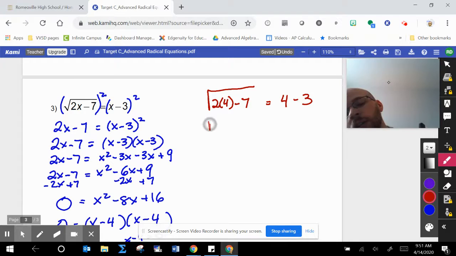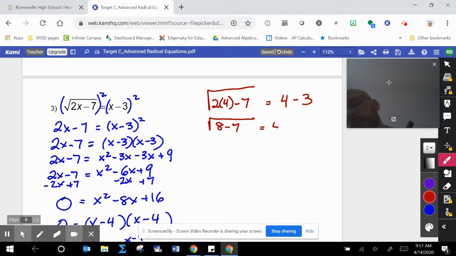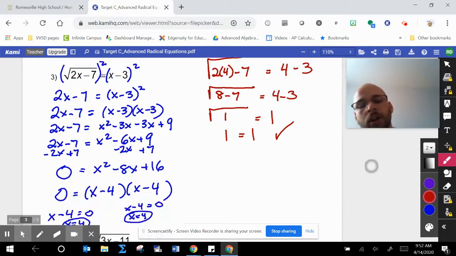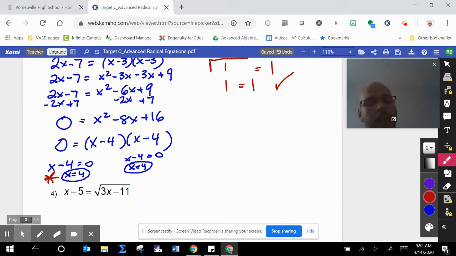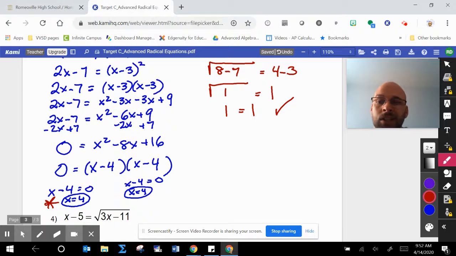So 2 times 4 is 8 minus 7 equals 4 minus 3, which we all know is 1, but I'll get there. Square root of 8 minus 7 is 1 equals 1, and the square root of 1 is in fact 1. That checks off. I know that this is a solution. So my solution is 4. Now, do I really need to check the other 4? Probably not, because it's the same number. It's going to give me the same result. So my solution is 4 to this equation.